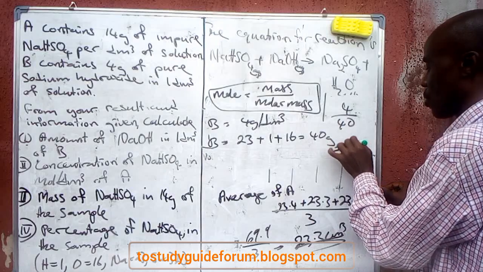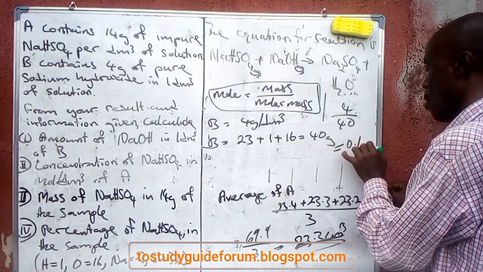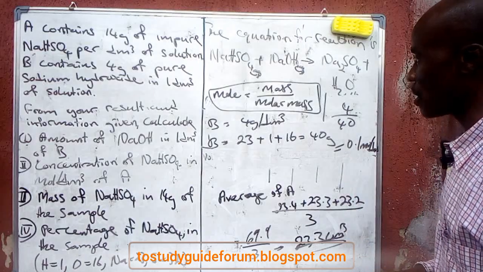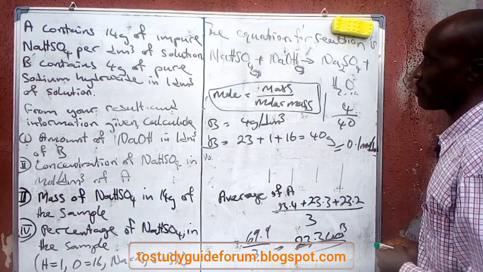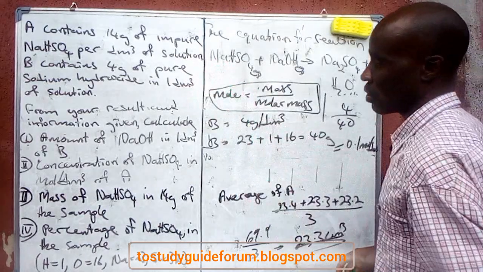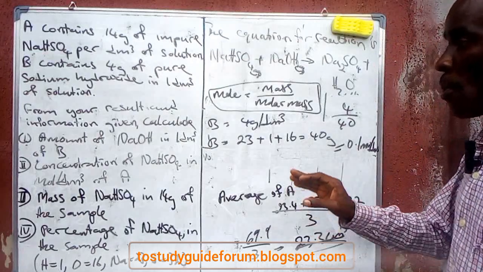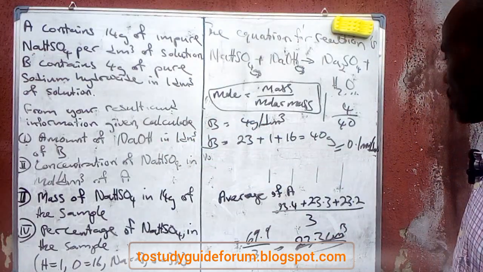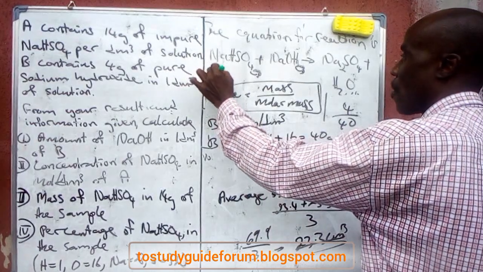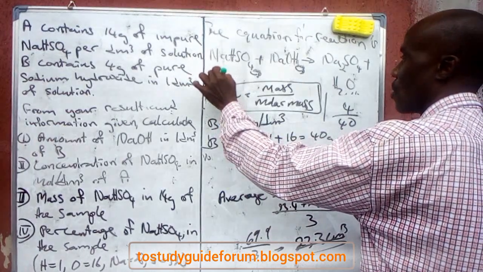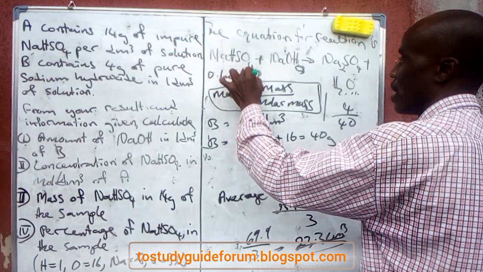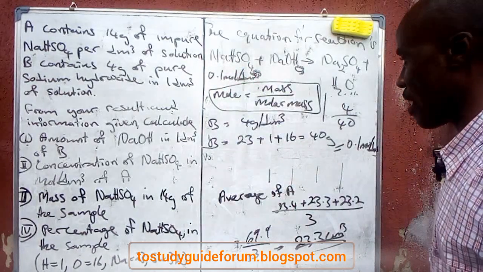That will give us 0.1 mole per dm cube. Since we have 0.1 mole, that is the concentration, or amount, of sodium hydroxide in 1 dm cube. That is 0.1 mole per dm cube.